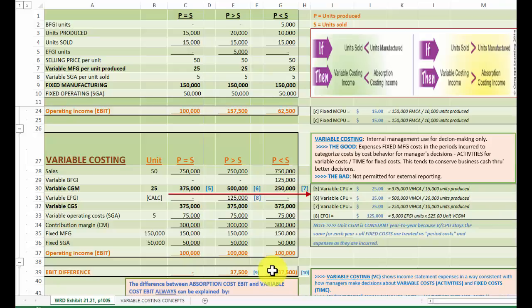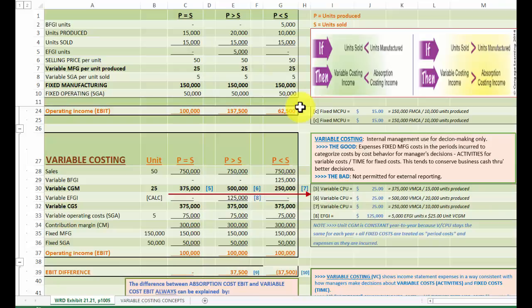$37,500 more income than absorption costing because under full absorption costing, some of those fixed costs that were incurred last period and buried in last period's ending inventory were released into the income statement in the third period. So more than $150,000 of manufacturing costs were released to the income statement in period number 3.